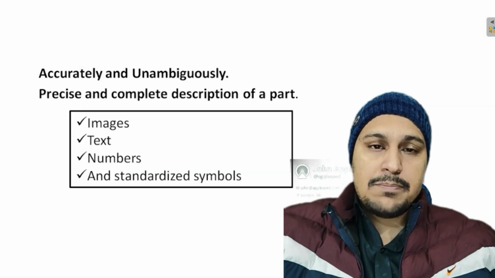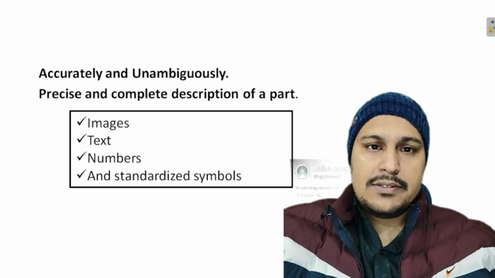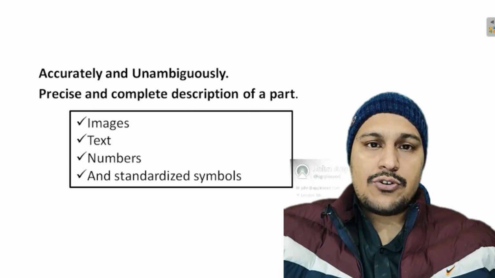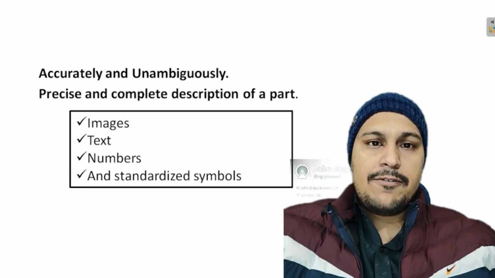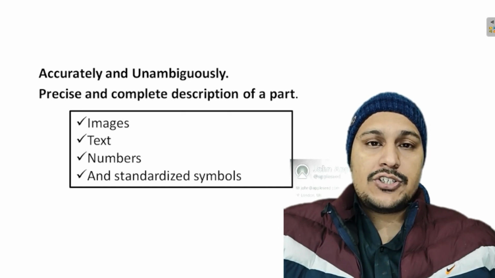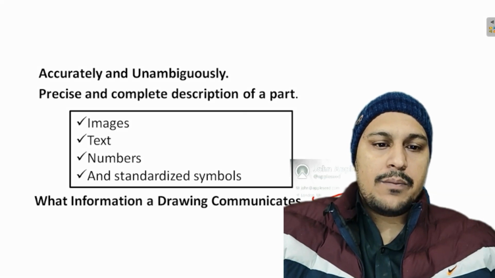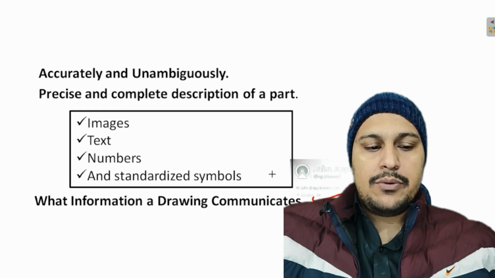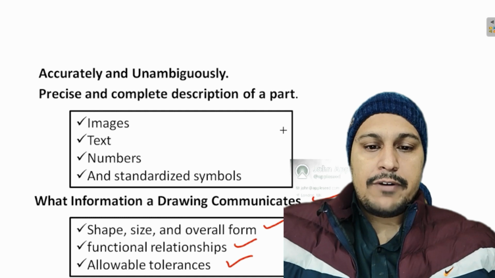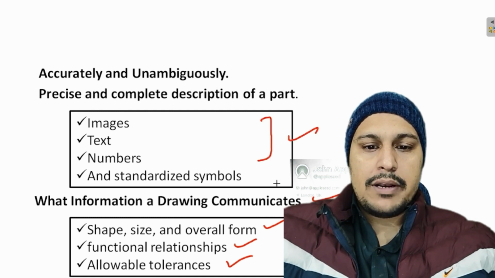The next pillar is what information a drawing communicates. An engineering drawing communicates several critical types of information. First, it defines the geometry of the part. Geometry is the shape, size and overall form. So the information a drawing communicates here is shape, size and overall form, functional relationship and allowable tolerance.